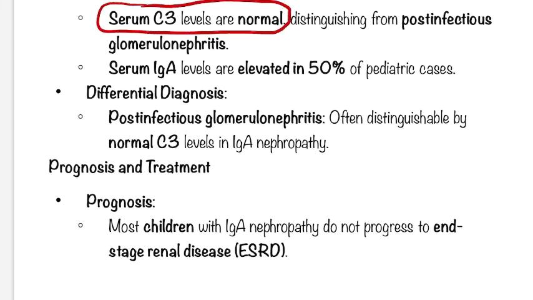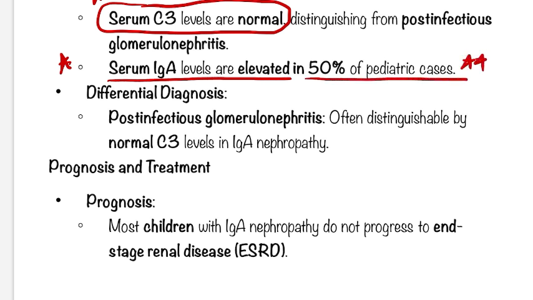In post-infectious glomerulonephritis, that is PSGN, C3 levels are decreased, but in IgA nephropathy C3 levels are normal.